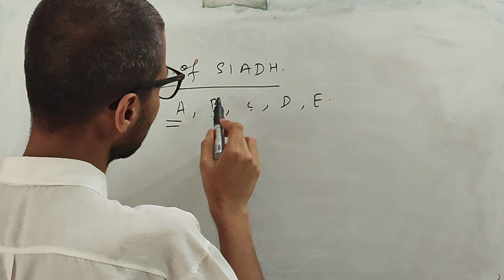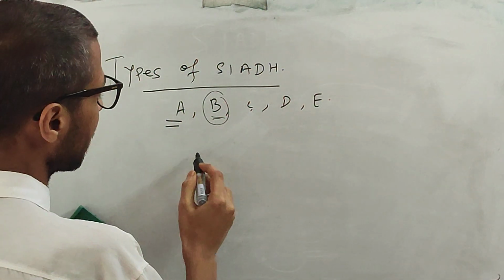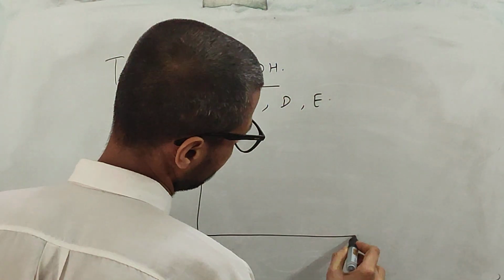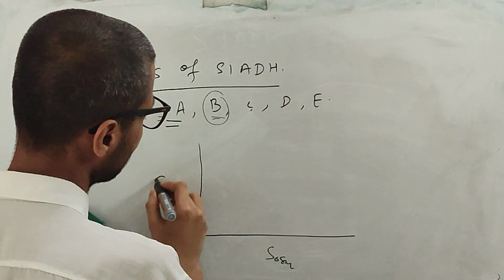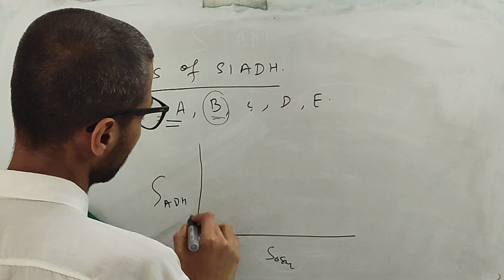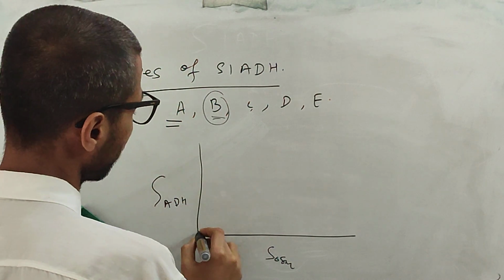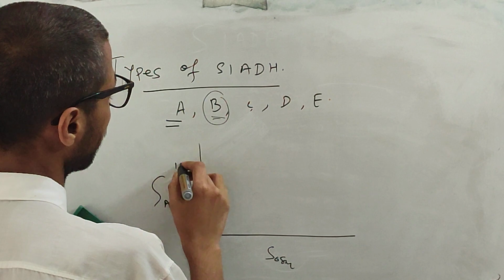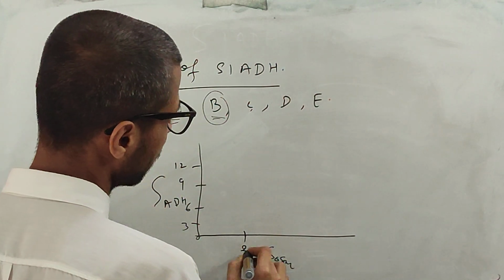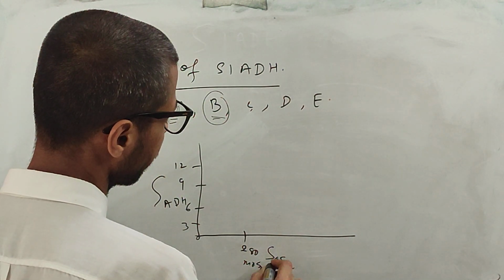To understand type B SIADH, you have to understand this graph. Let's suppose this is the x-axis showing serum osmolality, and this is the serum ADH concentration in terms of picogram per ml. So this is 0, 3, 6, 9, 12, and let's suppose this is 280 milliosmol per kg.